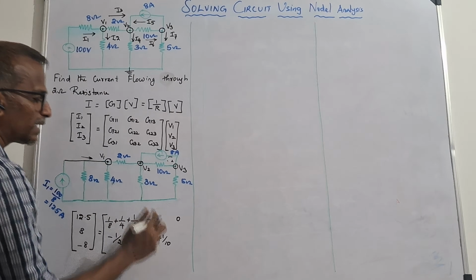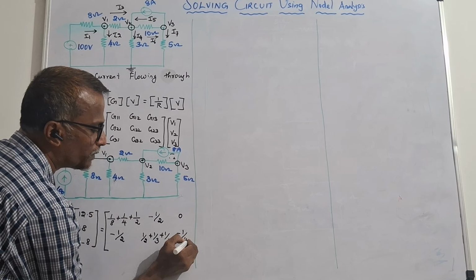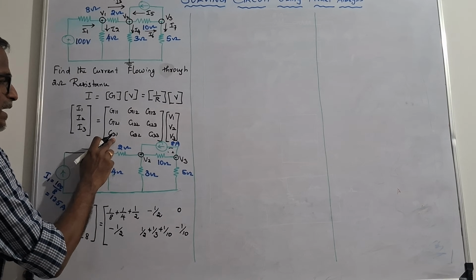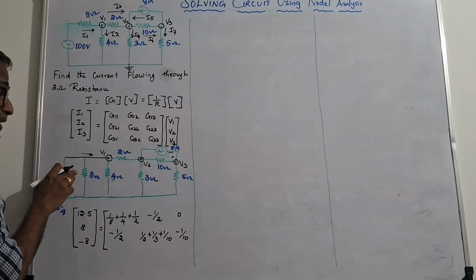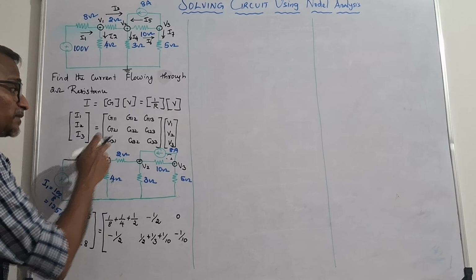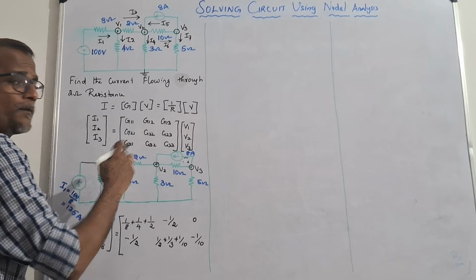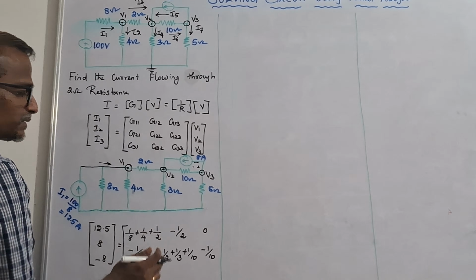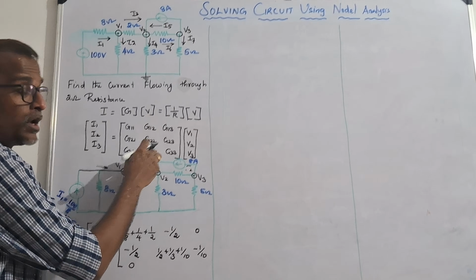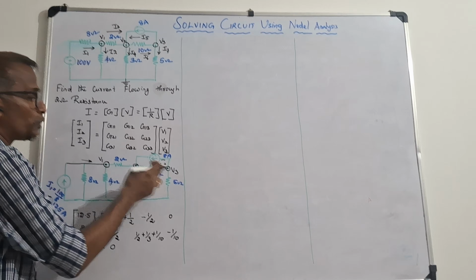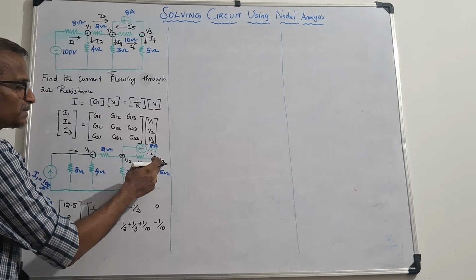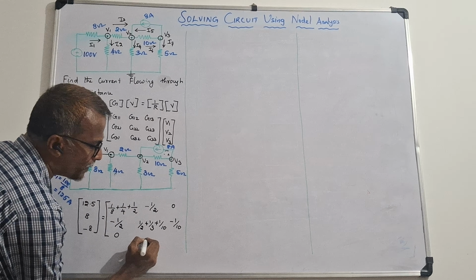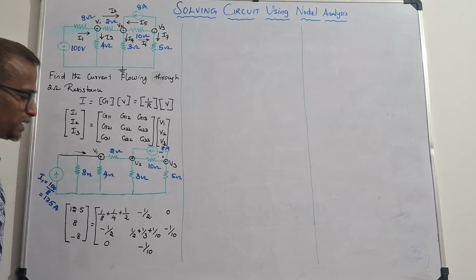So conductance we have to write minus 1 by 10. Then G31 means conductance between first node and third node, there is no common conductance, so we write 0. Then what is G32? Conductance between third node and second node is 1 by 10. It's common, therefore we have to write minus 1 by 10.